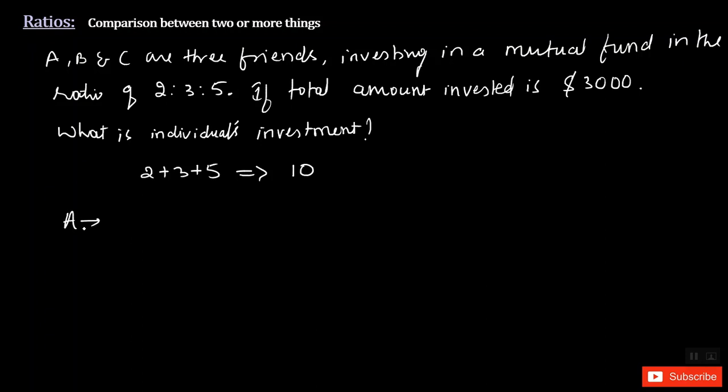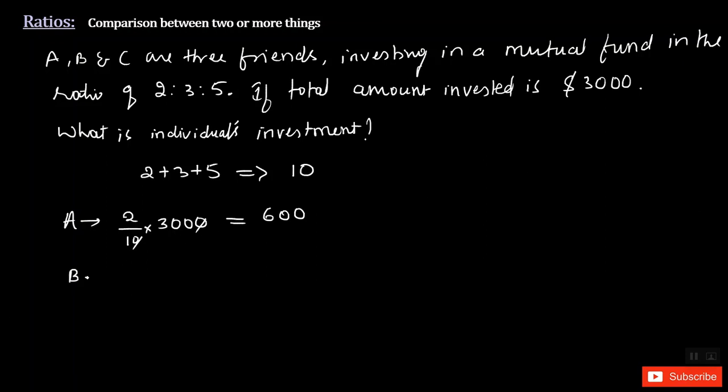The investment made by person A is 2 part out of total 10, and the total amount here is 3000. Simplify it. What are you going to get? 600, right? So you just take the part to whole and then multiply by the total amount.